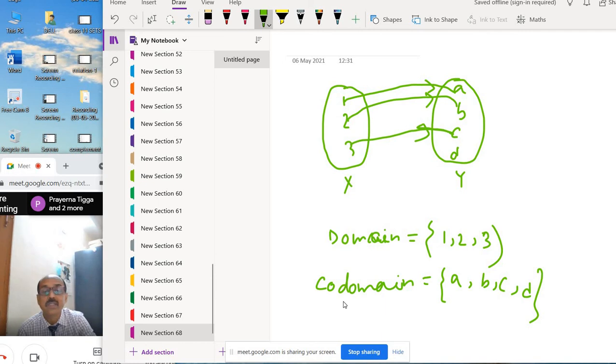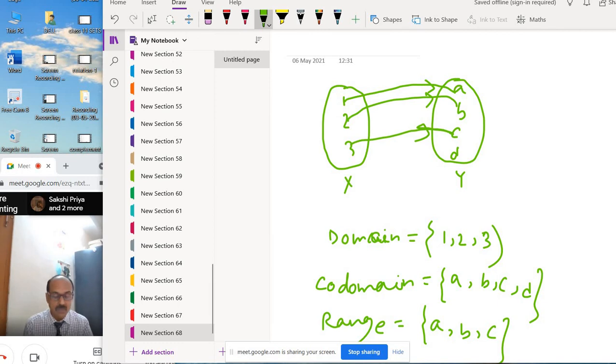So range equals image set only. Range means image only. That means A, B, C. So these are domain, codomain and range.